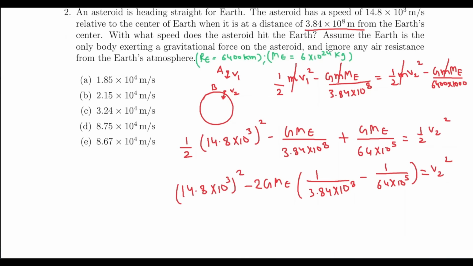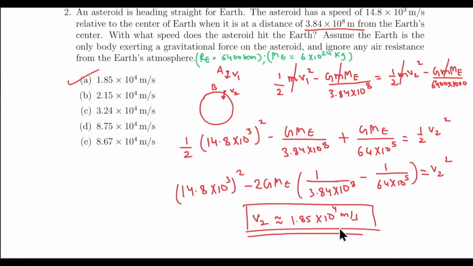And yes, 18,493 matches perfectly with 1.85 times 10 to the 4, which is around 18,500, which of course is the approximate value. So the velocity is somewhere around 1.85 times 10 to the 4 meters per second. That's the answer.